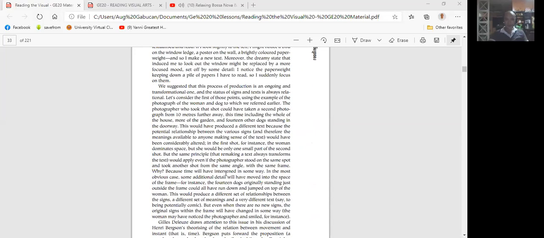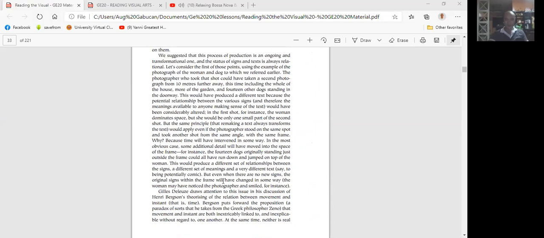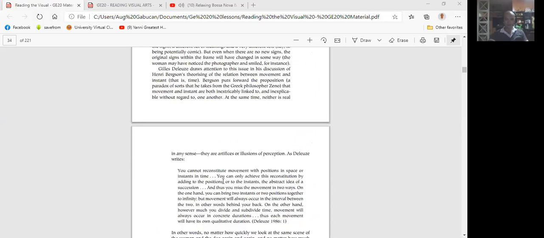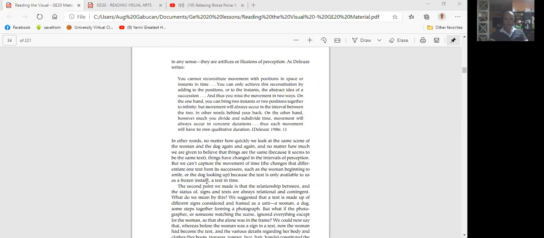So moving on. Longer explanation here. No matter how quickly we look at the same scene, the woman and the dog, again and again, no matter how much we're given to believe that these things are the same, these things have changed in the intervals of perception.